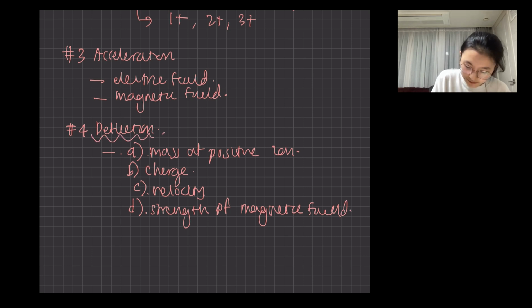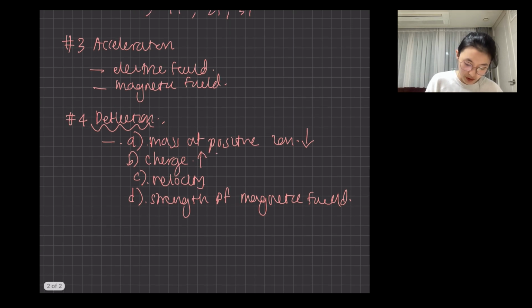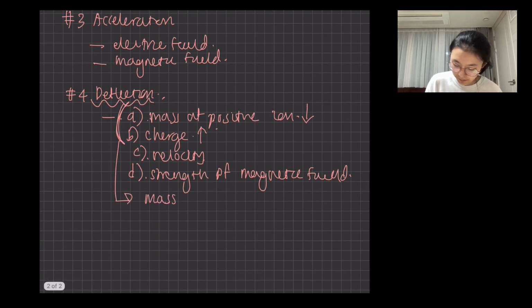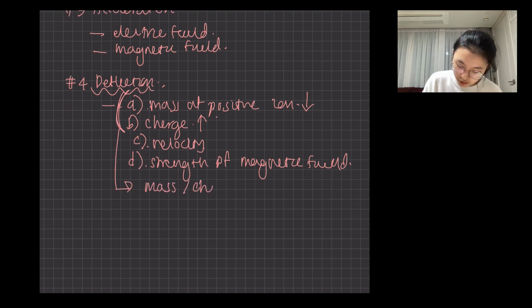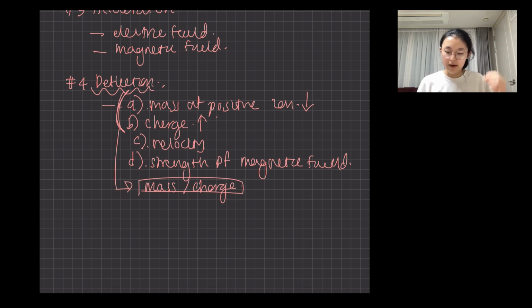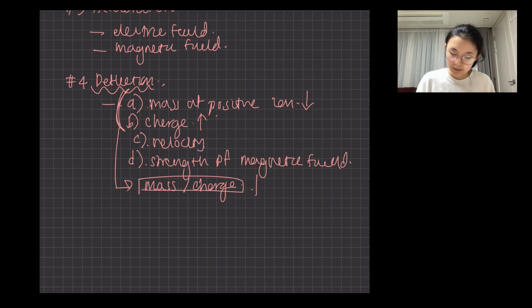We will have greater deflection when the mass of the positive ion is lesser and the charge of the positive ion is greater. We define these two variables in the single term called mass to charge ratio. If we have lower values of mass to charge ratio, i.e. lower values of mass, higher values of charge, that will result in the greatest amount of deflection.